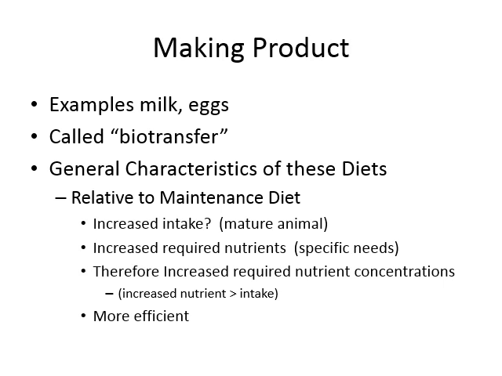So we have increased nutrient requirements and nutrient concentrations in our feeds: higher in protein, higher in energy, higher in fat. Making a product is generally the most efficient. We're transferring stuff from one place to another, and there's an energetic efficiency associated with that.